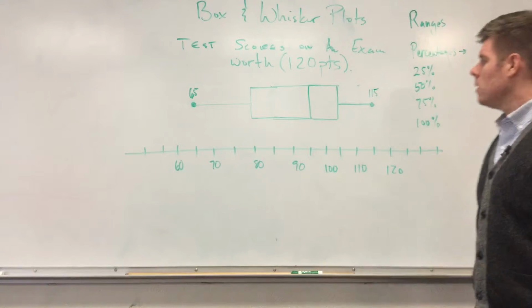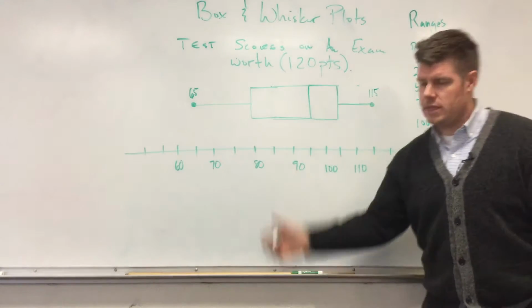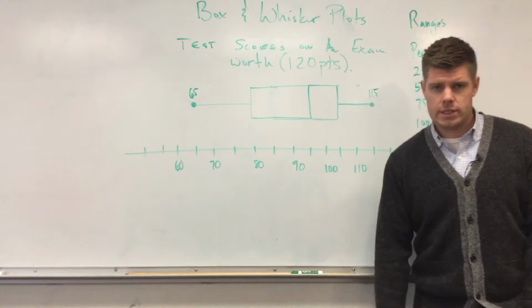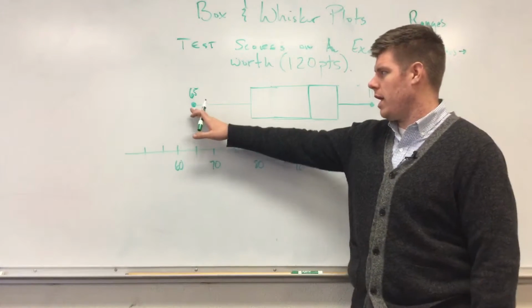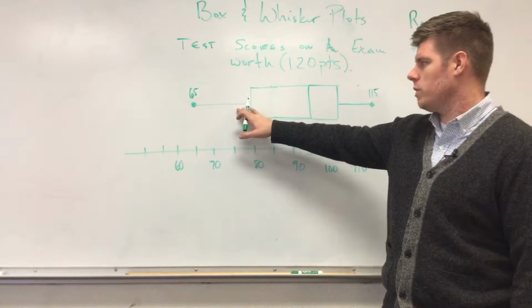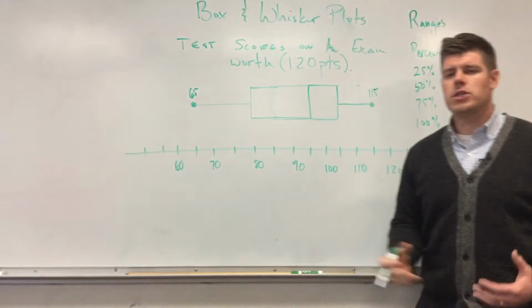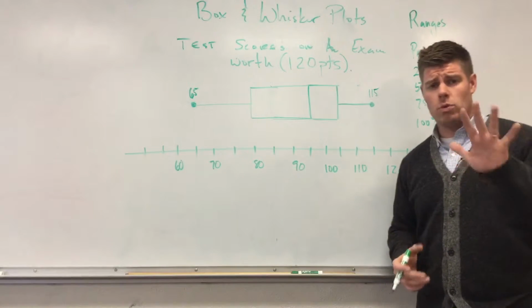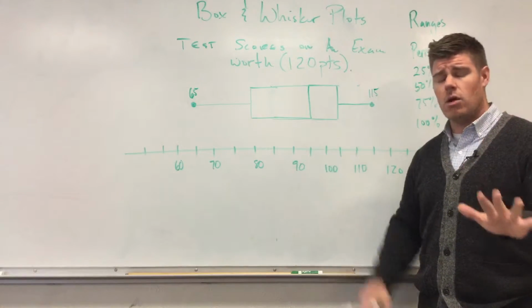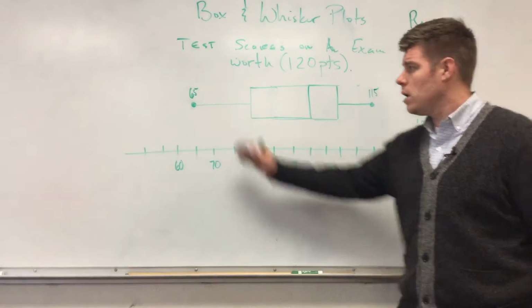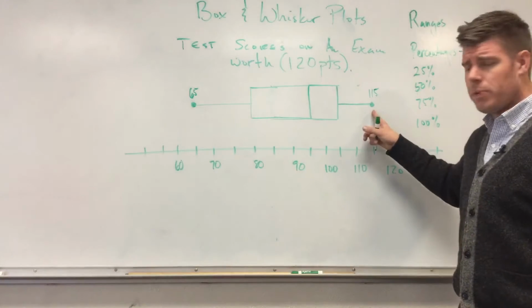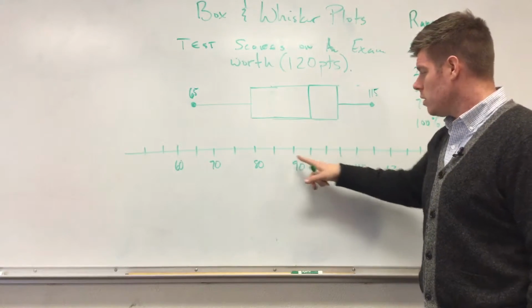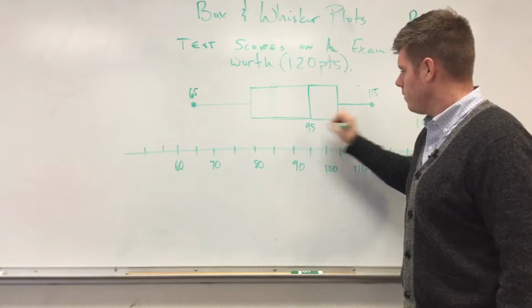Now, that's with all of the data. Now, there are smaller ranges that I could find. Like if I wanted to, I could say, hey, what's the range of just this particular whisker? So one of the things you want to start to think about when you do box and whisker plots is there are 5 numbers you always want to put directly onto your box and whisker plot right away. You want to put the low, you want to put the high, you want to put the middle, so in this case, 95.